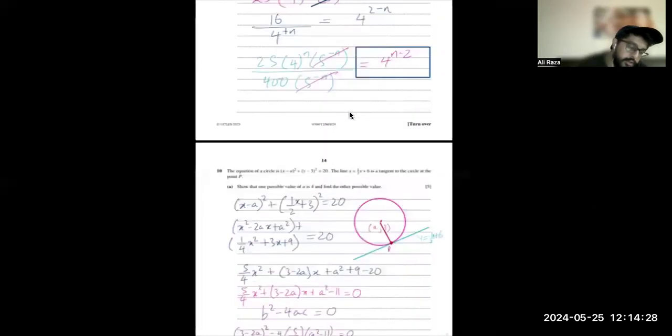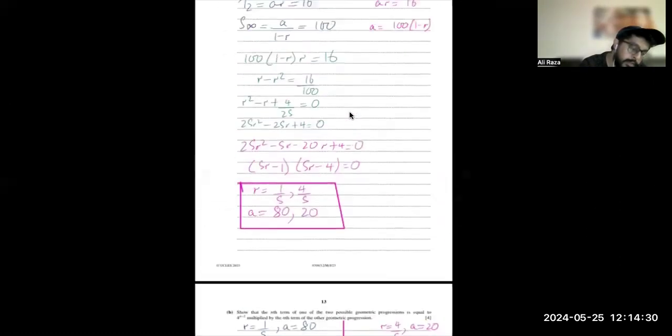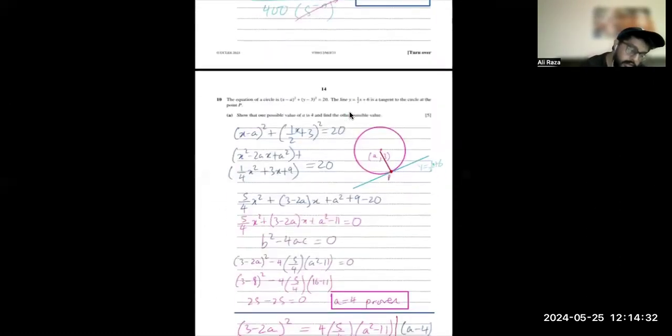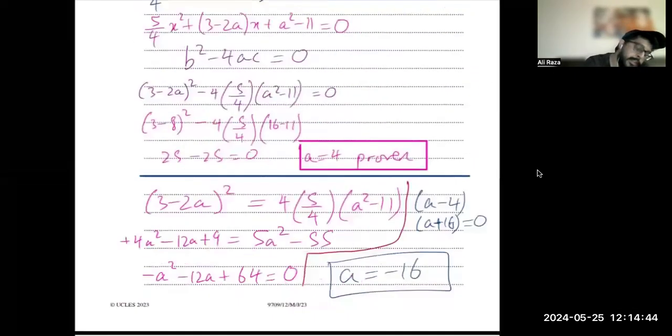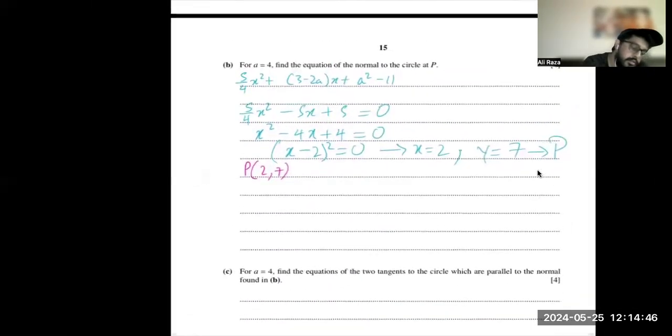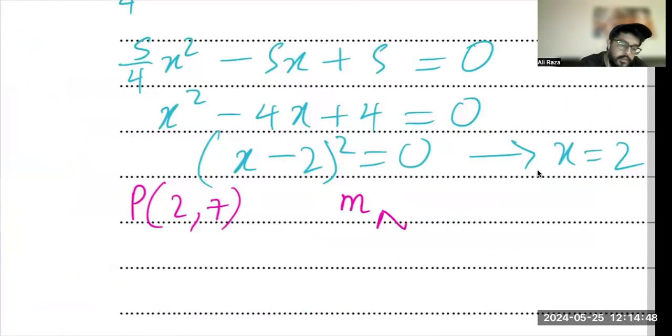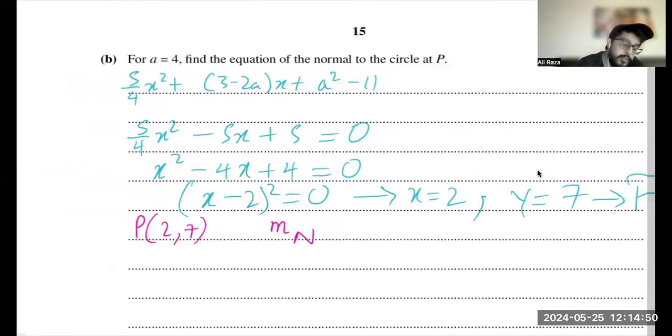Now P is (2, 7), and we need to find the equation of the normal. The gradient of the tangent is 1 over 2, so the gradient of the normal should be the negative reciprocal of it. So the gradient of the normal over here would be minus 2.